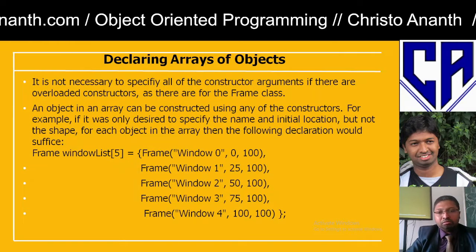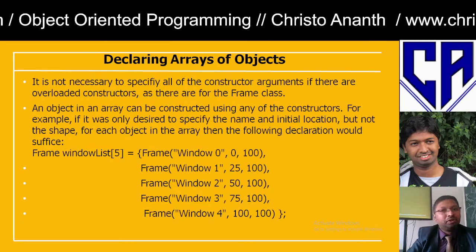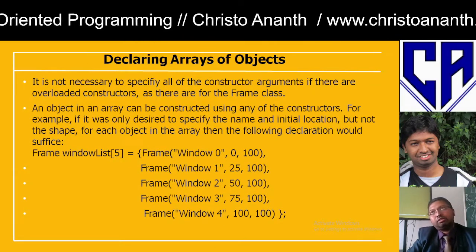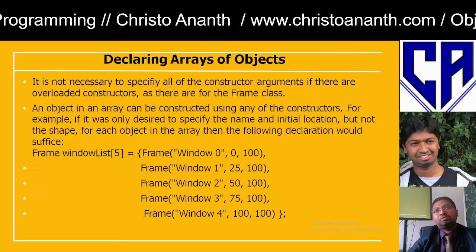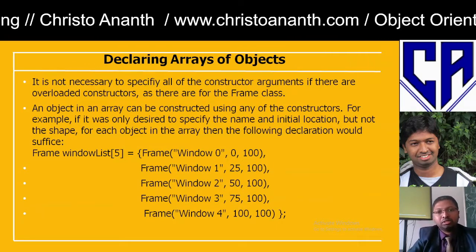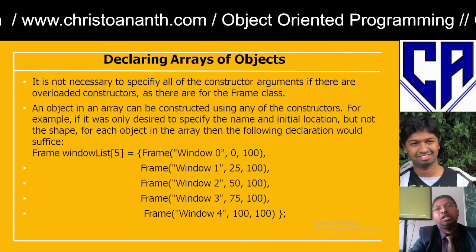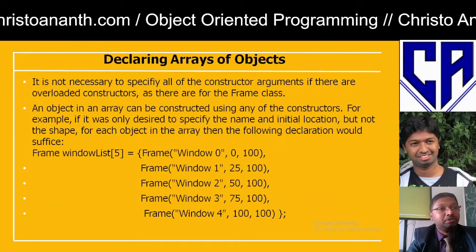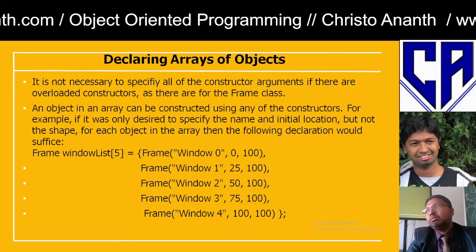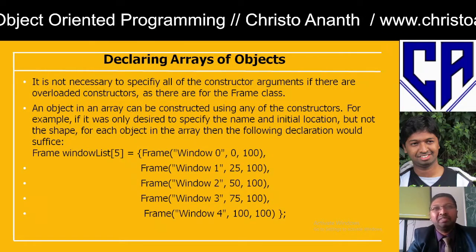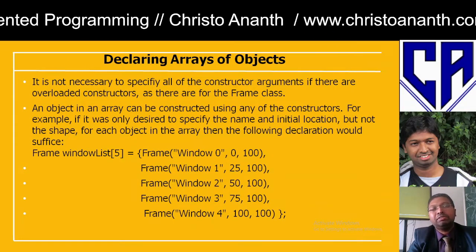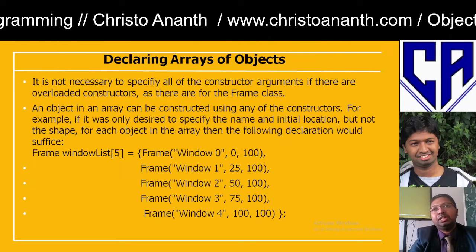It's not needed that you specify all the constructor arguments, but at least at a minimum level you have to specify the constructor arguments. Sometimes if you introduce too many constructors, they can be overloaded, and it's not easy for a third-party reader to understand the logic.